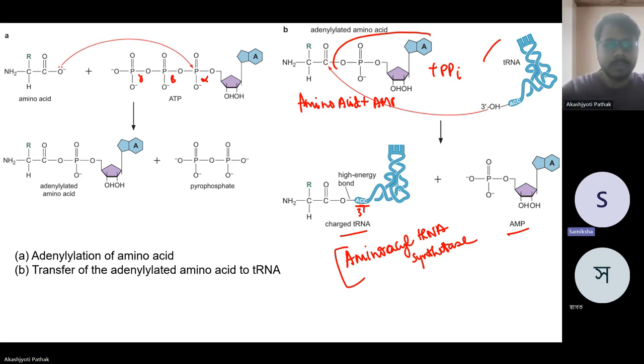Sir, for each case, ATP is required? Means for each amino acid? Yes, for each amino acid, ATP will be required, and first this amino acid will form a bond with AMP. So this is adenosine monophosphate. First this structure will be formed, and then this AMP is released, and this tRNA molecule is attached to this via this ester bond, the C-O bond.